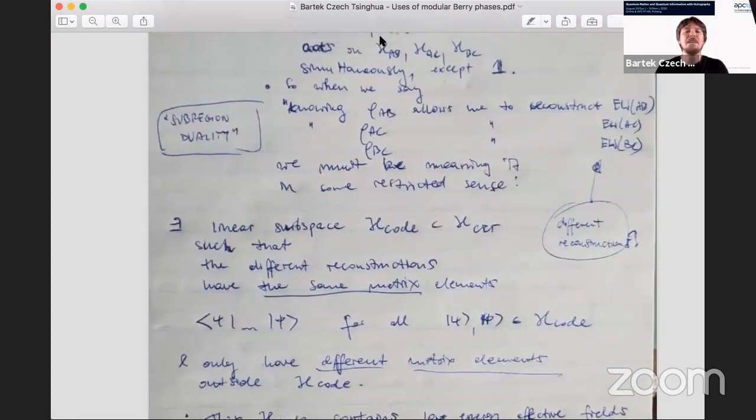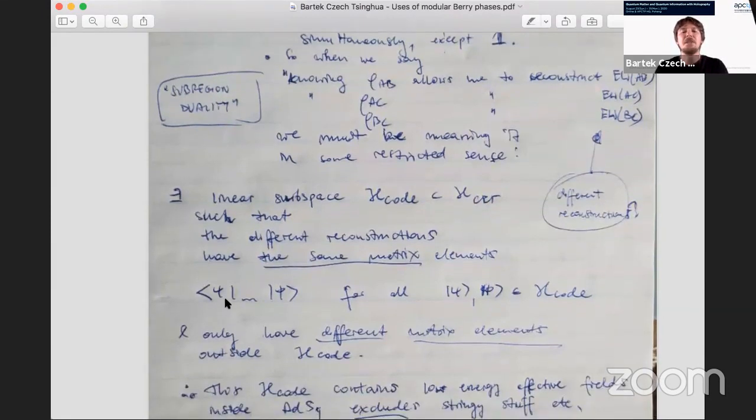one that works in AB, one that works in AC, and one that works in BC. But all those reconstructions will have the same matrix elements inside states which live in this code subspace. So I just care about reproducing expectation values of operators wedged between states that live here.